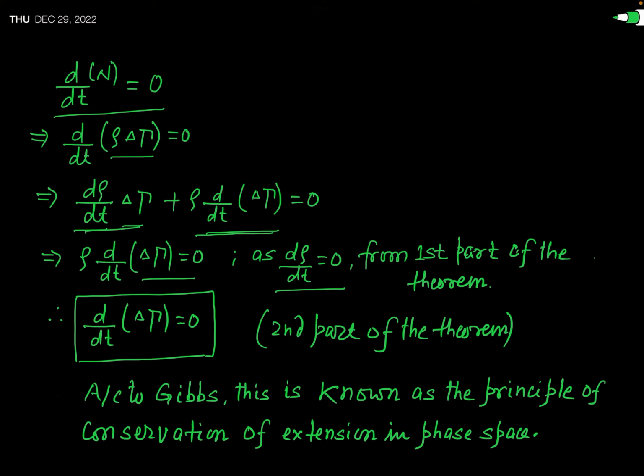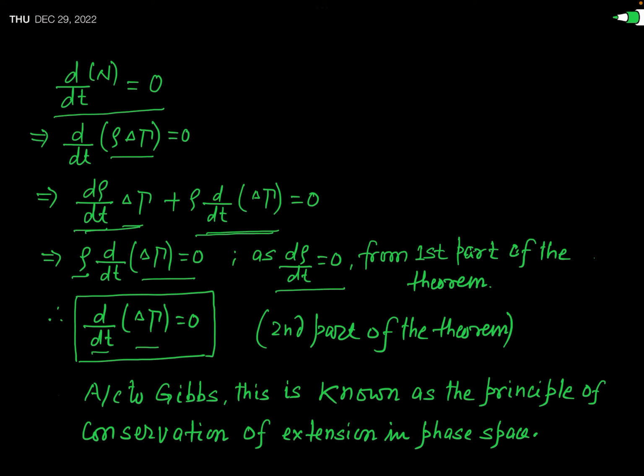So if the right-hand side is 0 and rho is not 0, then d/dt of delta gamma will be equal to 0. This is the mathematical form of the second part of Liouville's theorem.